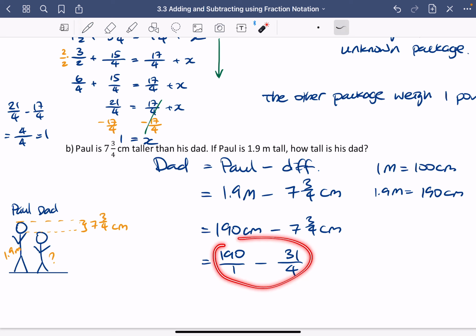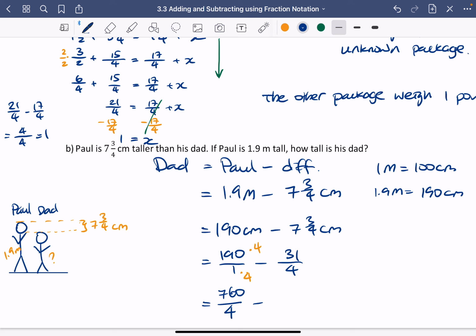To subtract fractions, they will have to have common denominators, so 4. Multiply both top and bottom by 4, you get 760 over 4 minus 31 over 4. That is going to equal 729 over 4. And if you convert it to a mixed fraction or decimal, it's equal to 182.25 centimeters.